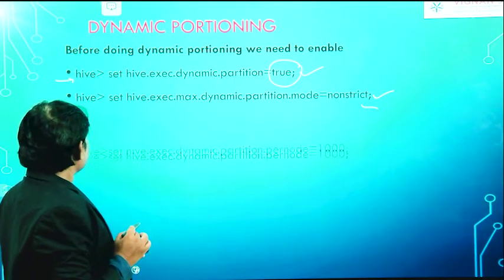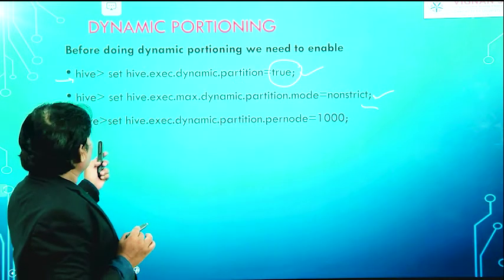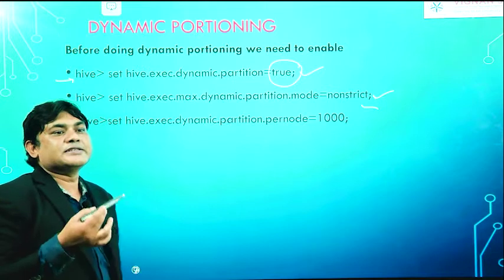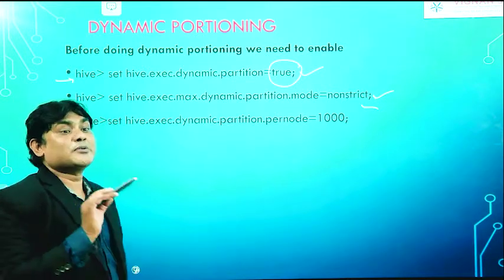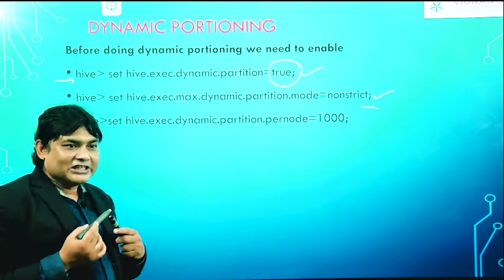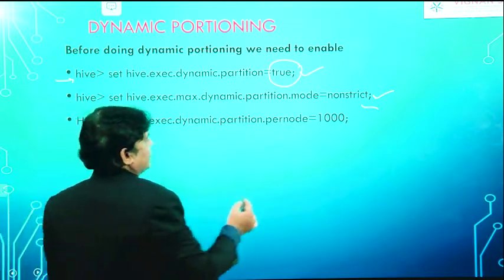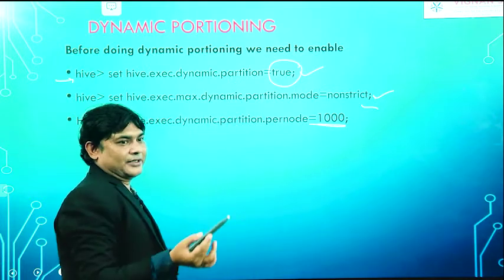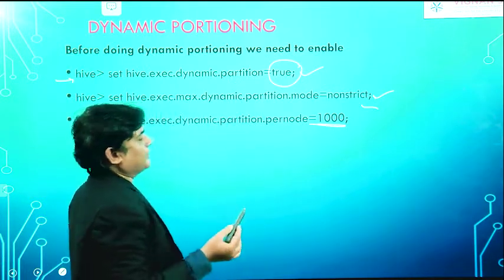Next, we have to mention how many partitions you want to make, the maximum number of partitions we want to create. As per my convenience, I made only 1000 partitions per node. You can make it 5000, you can make it 10,000.